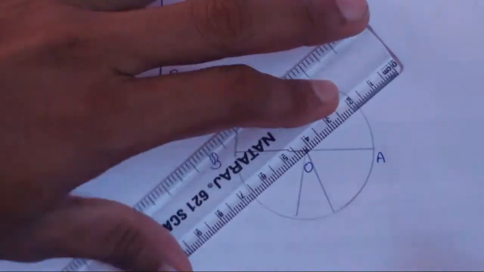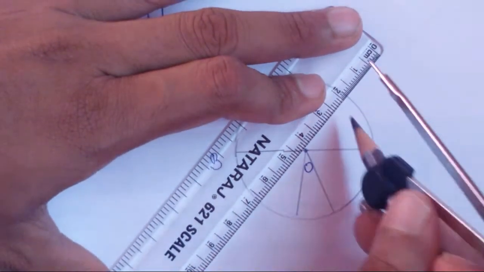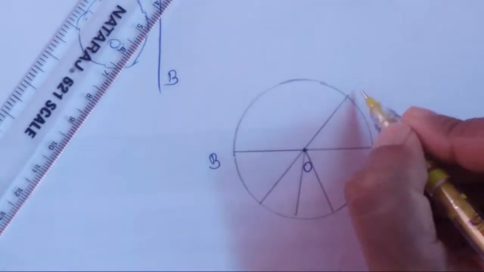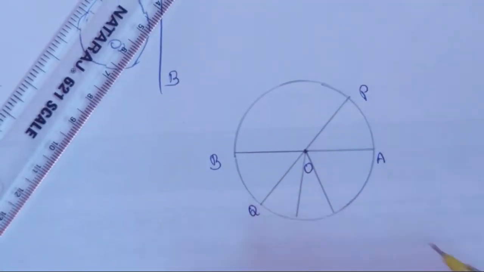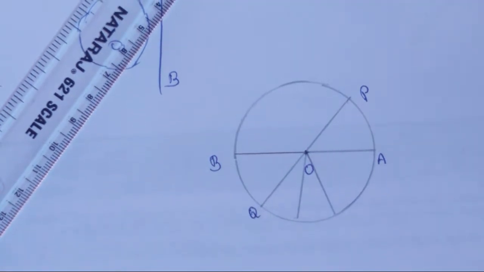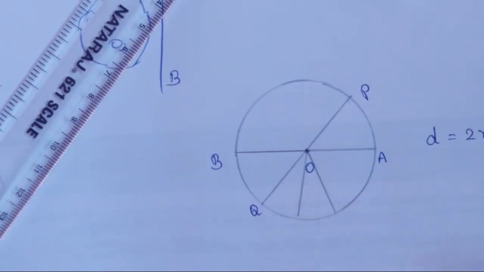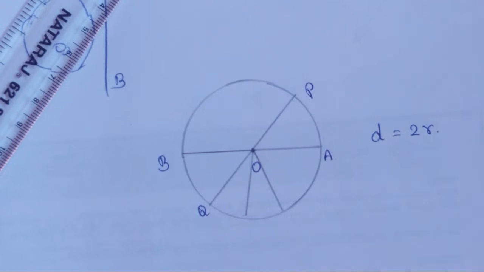Okay, or I can consider another straight line, so that end points of that line are P and Q, and P and Q are on the circle, then we can call that line PQ the diameter. And we know that diameter is 2 times the radius.